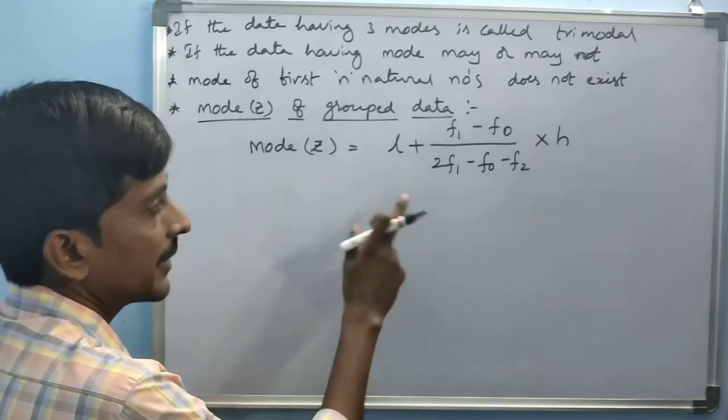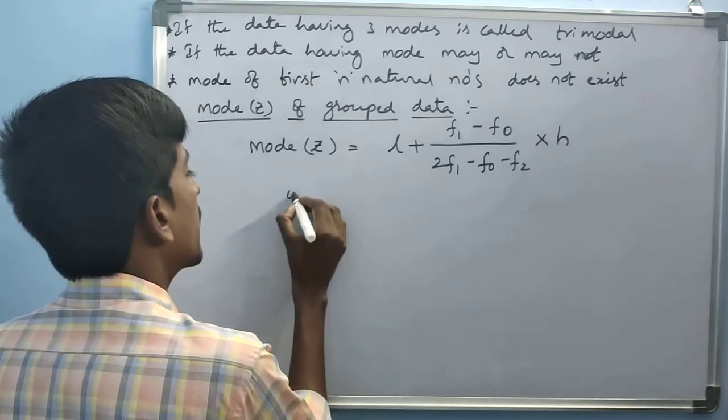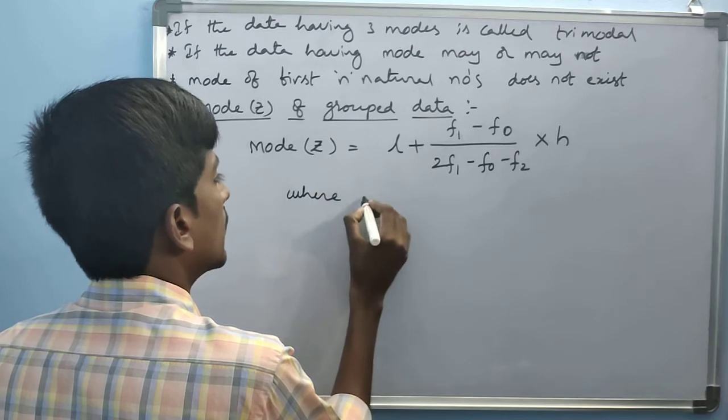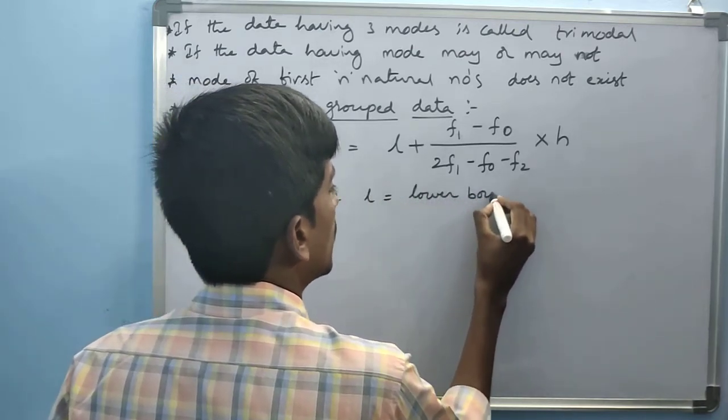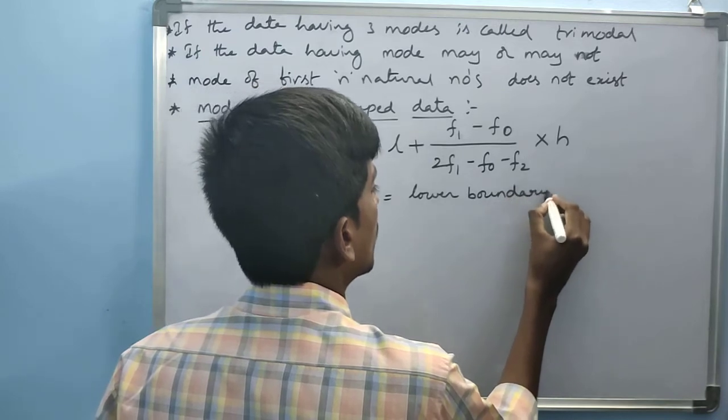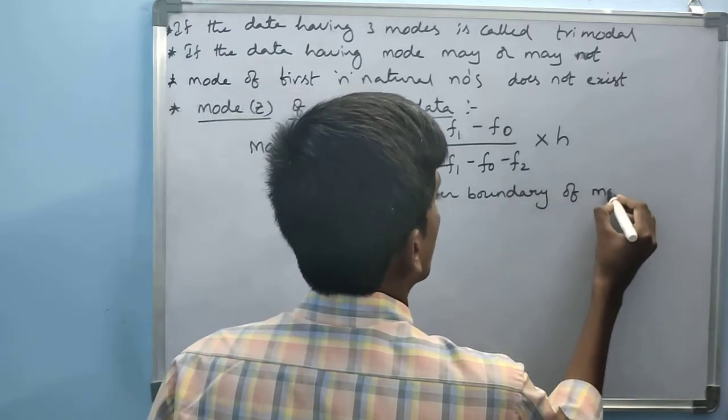This is the very important formula, where L equals the lower boundary of the modal class.